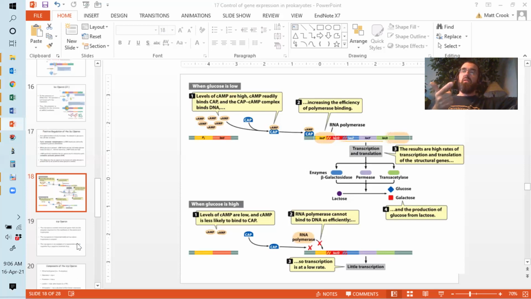Is glucose present or absent, and at what level? Those two things have to be figured out essentially to result in a given level of lac operon expression. So the trp operon is a lot simpler.